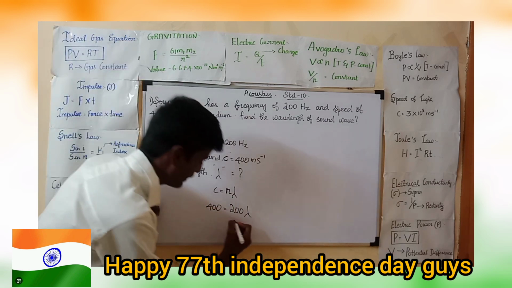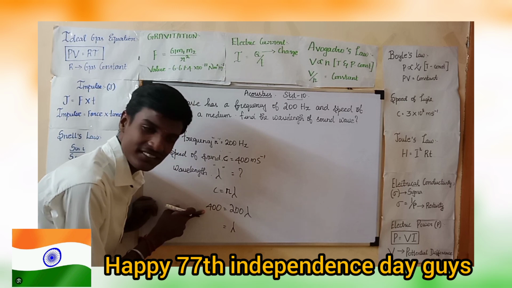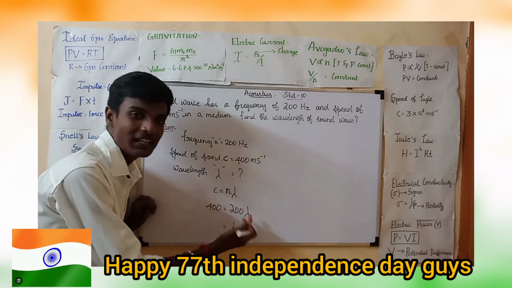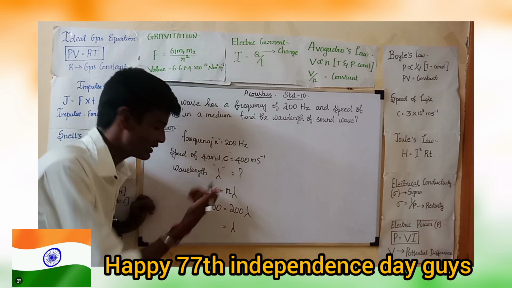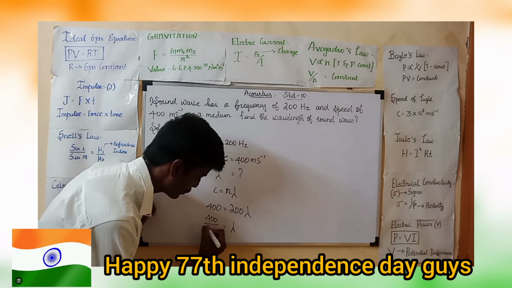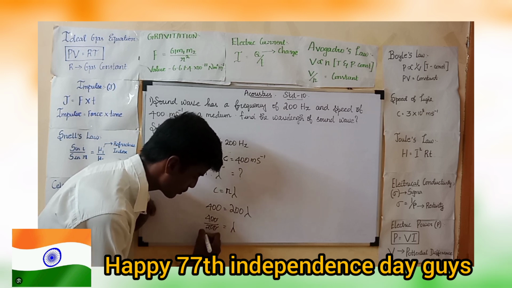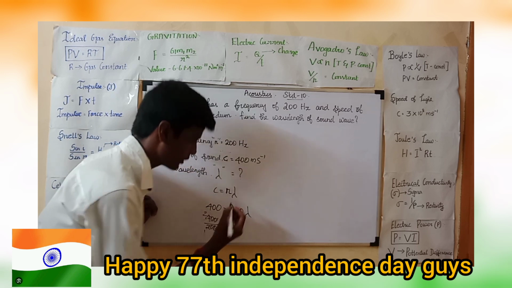So we leave lambda alone here. Then 400 is there. Multiplication on one side becomes division on the other side. Then what we get? 400 by 200. Two zeros get cancelled, 2 ones are 2, 2 twos are 4.